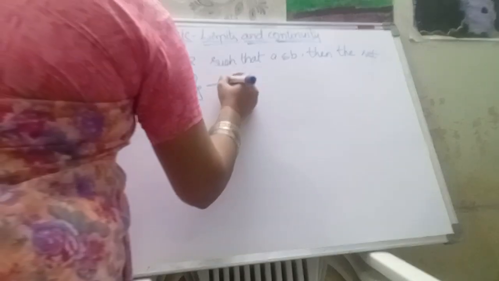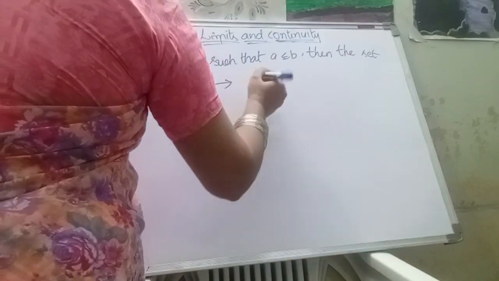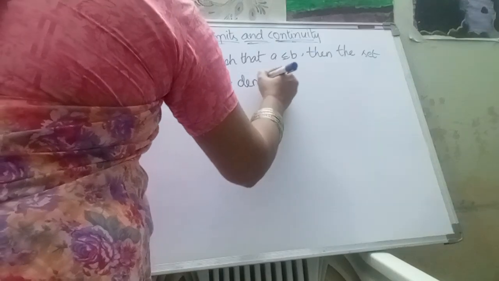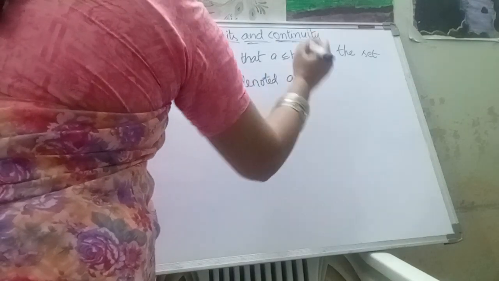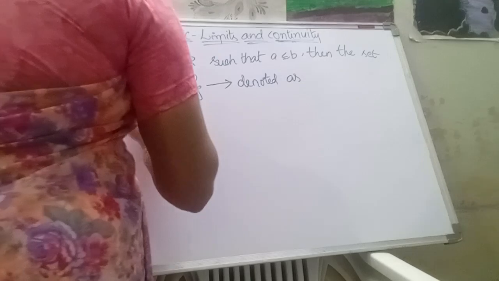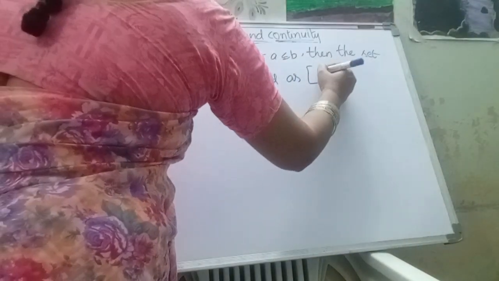So how can this be denoted? As equal to is there, whenever you get equal, you can use square brackets.